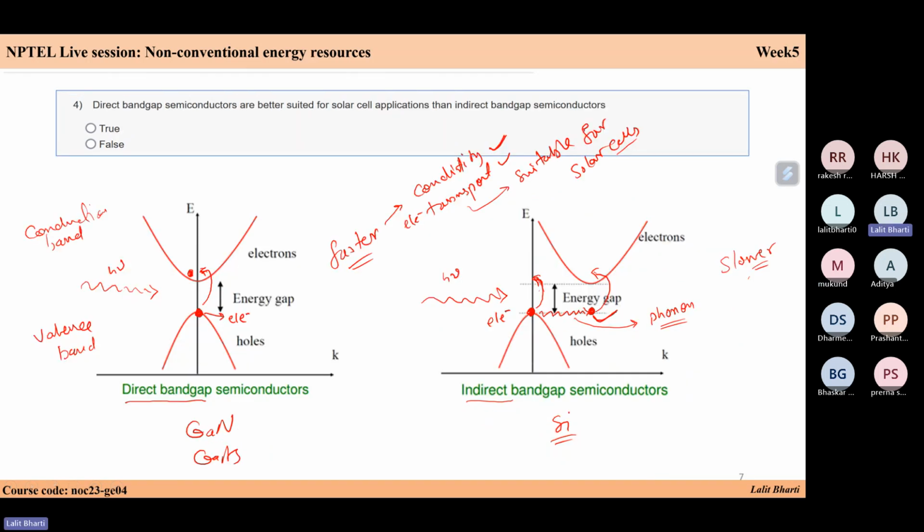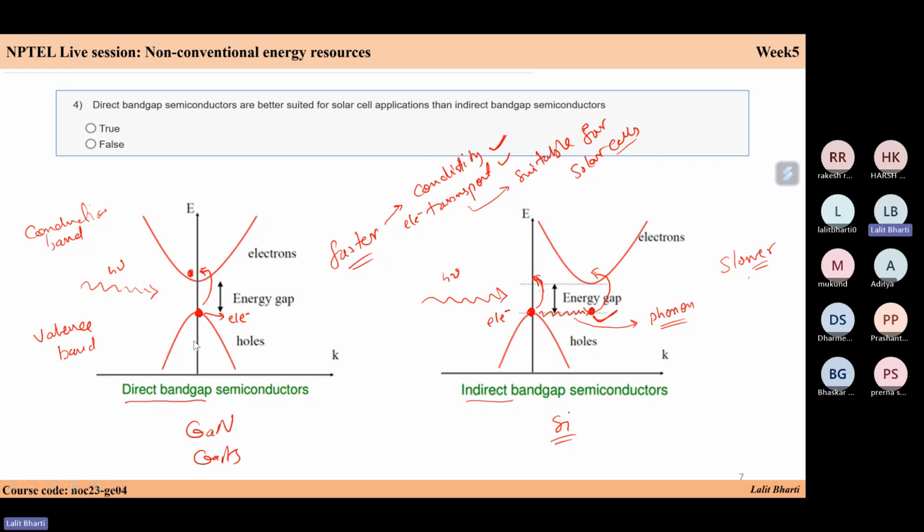This question is again on direct and indirect band gap semiconductors. The question says direct band gap semiconductors are better suited for solar cell application than indirect band gap semiconductors. We already saw what is direct and what is indirect. If the band extremes are at the same K value, it is direct; if the closest band gap is at different K values along the x-axis, then it is indirect.